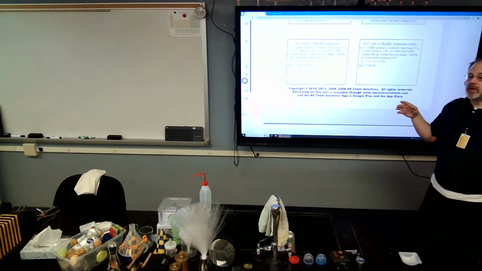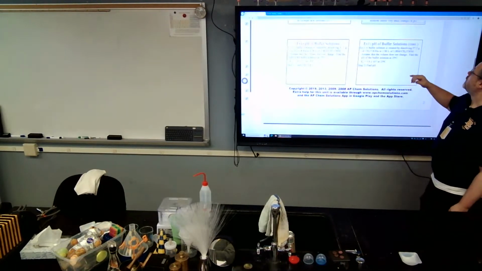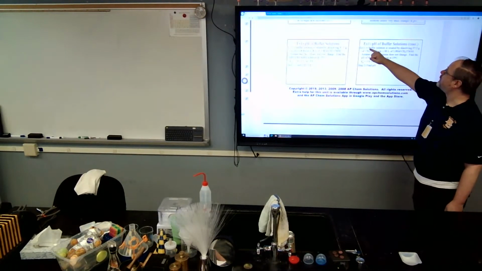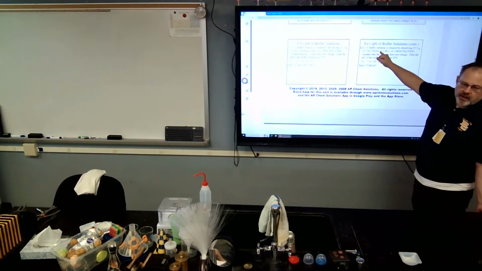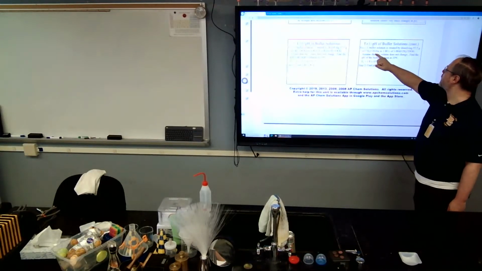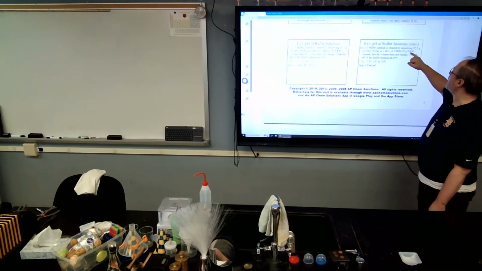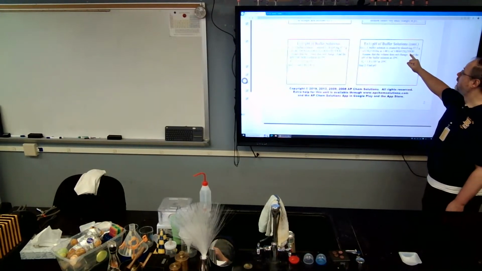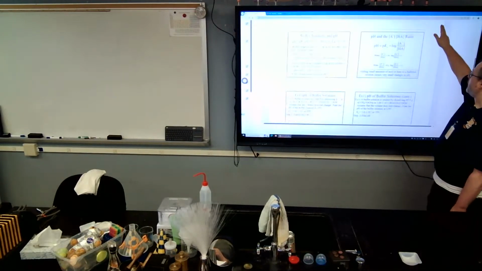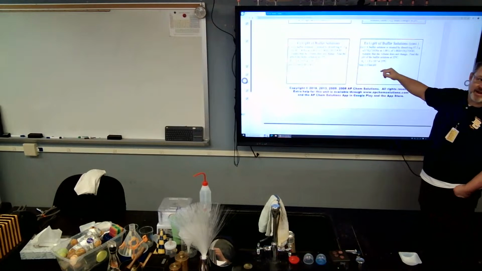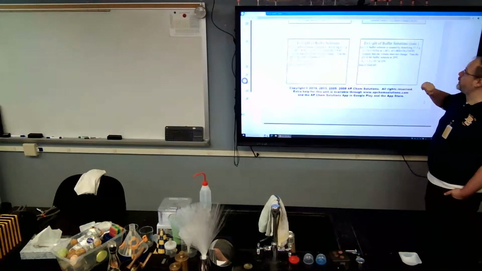The exercise will be: a buffer is created by adding a salt of the anion, so this is the A minus here, this is the HA. So you're going to put the salt of the anion in with the weak acid. That's going to give you the backside of Henderson-Hasselbalch. And then you're going to get the Ka or the pKa of that acid and solve for the pH.